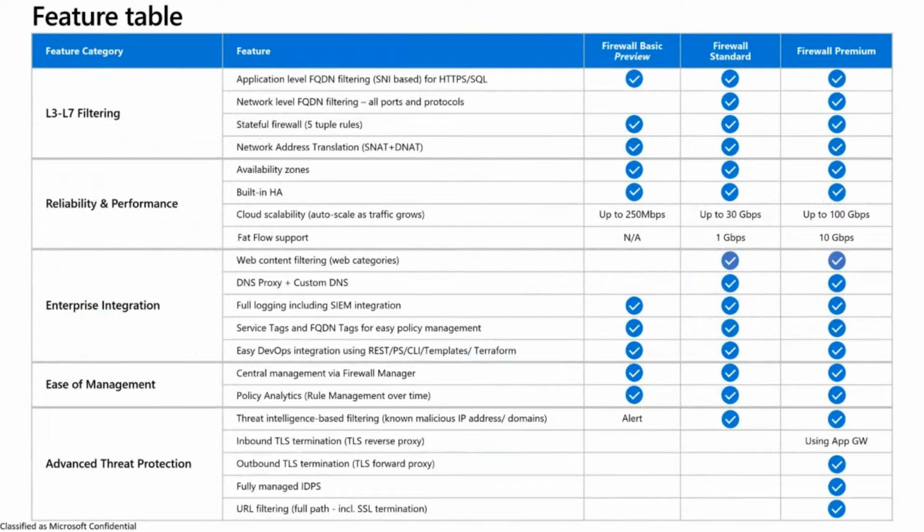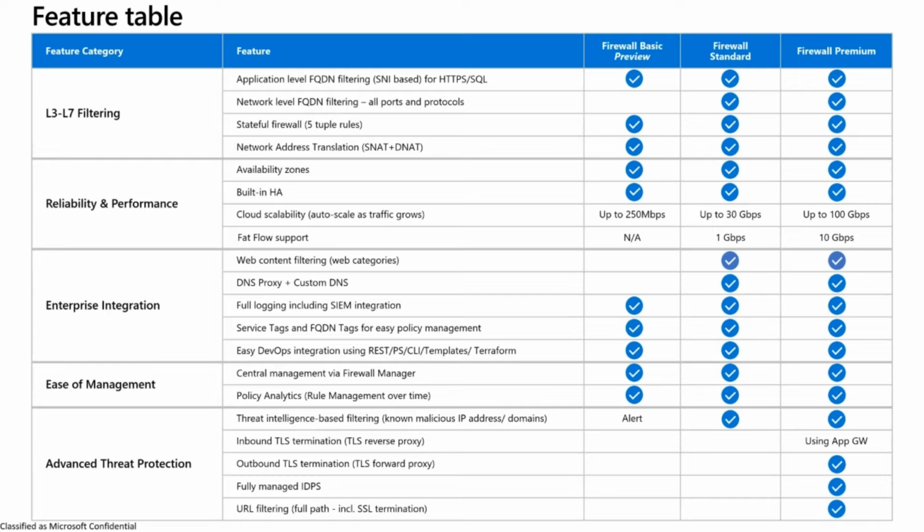So a quick look into the differences between the three SKUs we have. The basic SKU comes with essential network filtering, NAT, and threat intelligence only in alert-only mode. This is perfect for lightweight use cases, like I mentioned for SMBs. The standard SKU here can scale up to 30 Gbps.